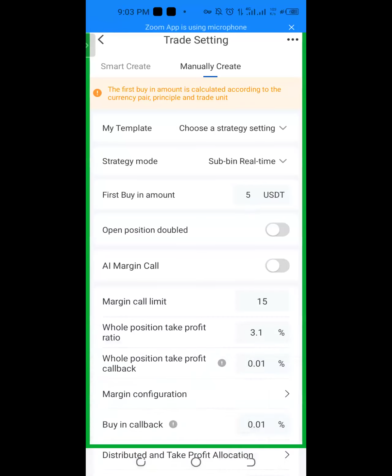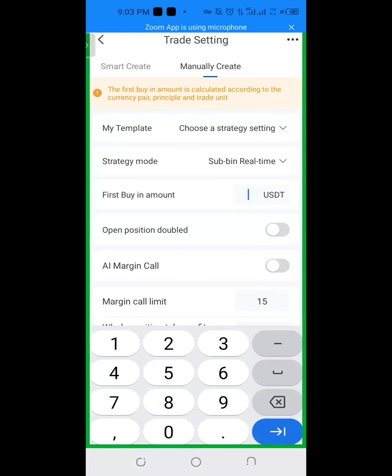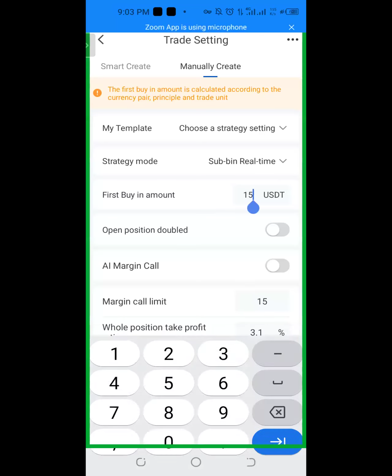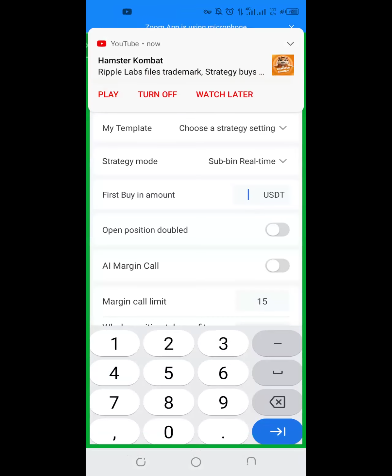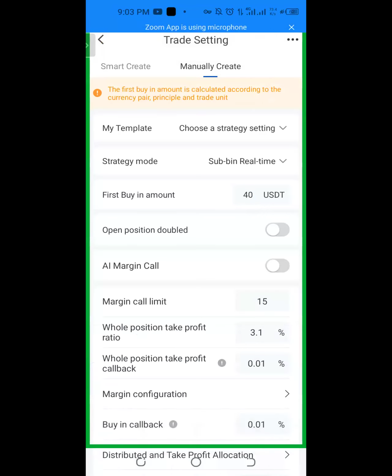Depending on the capital that you have, if you have like $100, just put like $15 there. If you have more capital, maybe like $300 or more, just increase your first buying amount, because the bot will only buy when there's a golden cross.